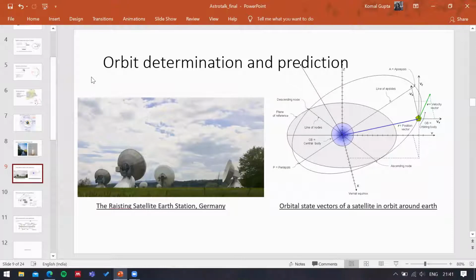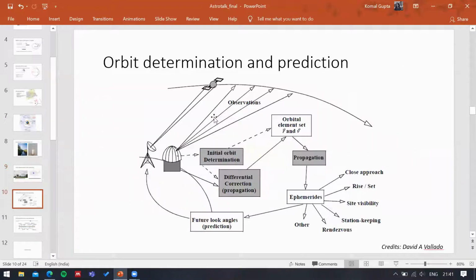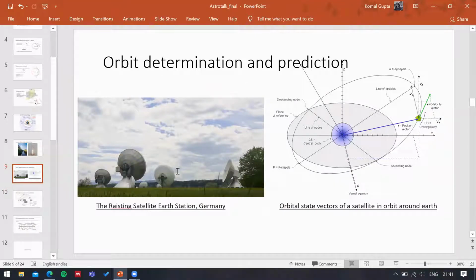Now, observations are usually taken from ground stations, such as the one on the left side. These ground stations are basically based on radar, or they might also have some optical telescope equipment. We have come a long way from the time of Kepler, who used curve fitting to determine the orbit.